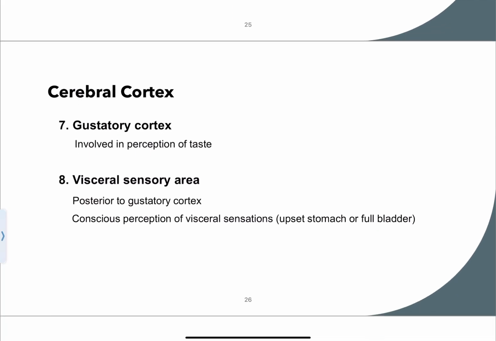Our gustatory cortex, this is involved in our perception of taste. And then we have our visceral sensory area. This is going to be the conscious perception of our visceral sensations. So this allows us to perceive that maybe we have an upset stomach after eating something we shouldn't have, or if we need to use the restroom because our bladder is full.